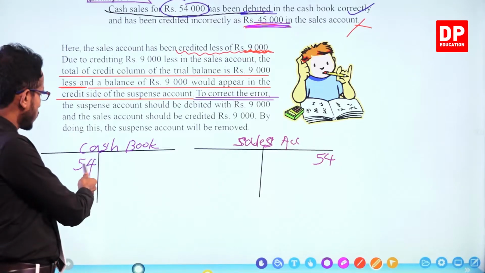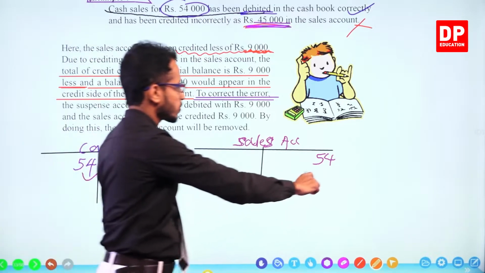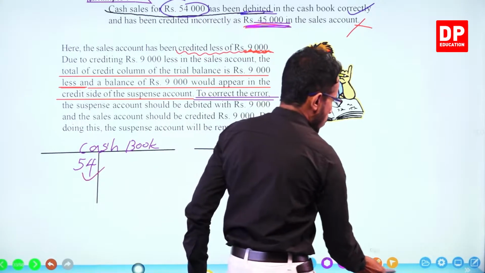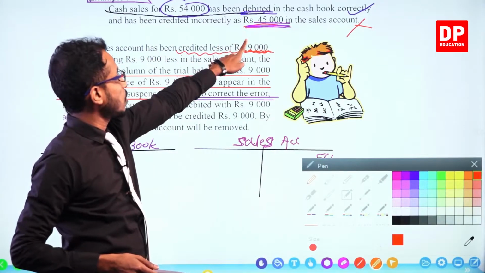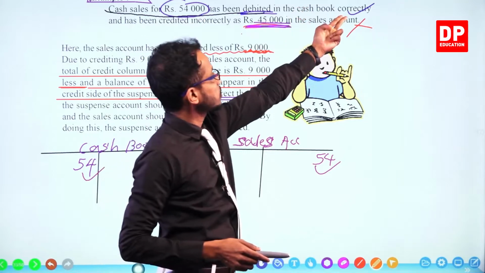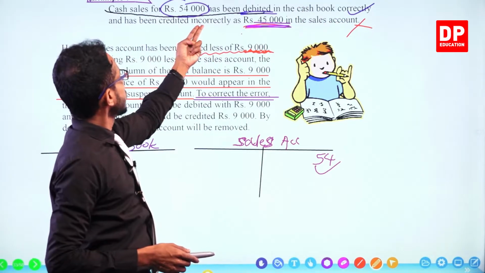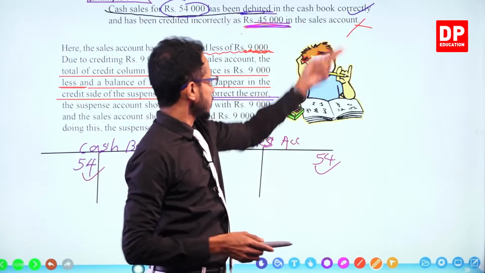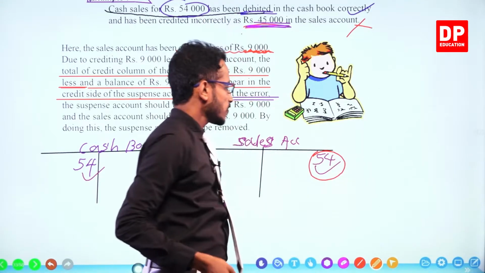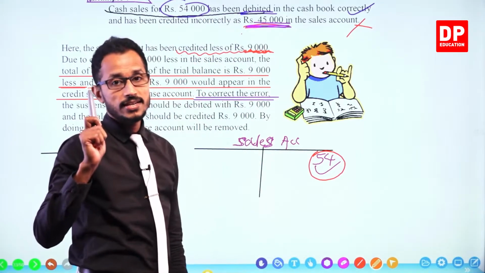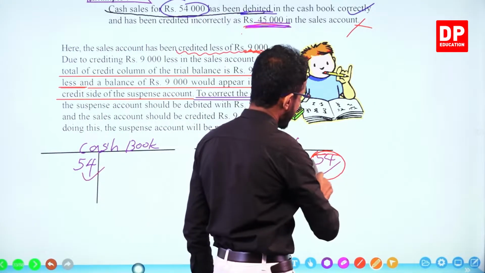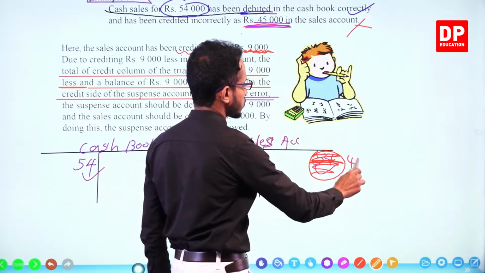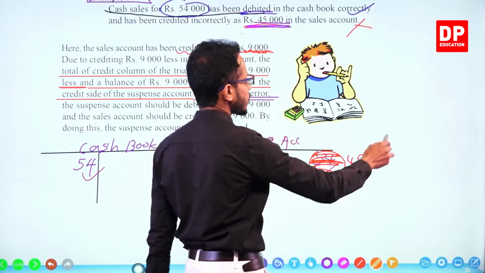Here, this is also correct, but what has gone wrong? The cash book is correctly entered, but incorrectly entered in the sales account. Here, 54,000 is not entered. It is incorrect because they have entered 45,000. Now this is the error.